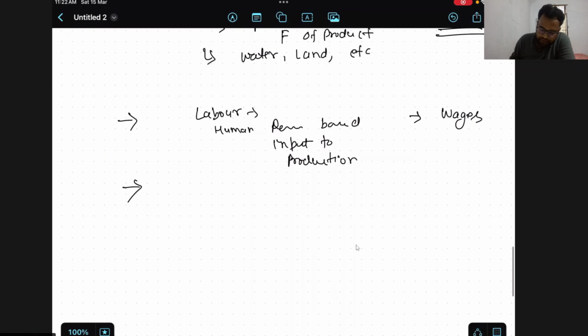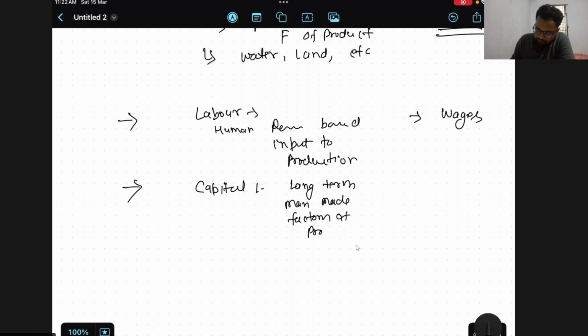Now another factor of production, capital. Long term man-made factors of production, like buildings and machines.